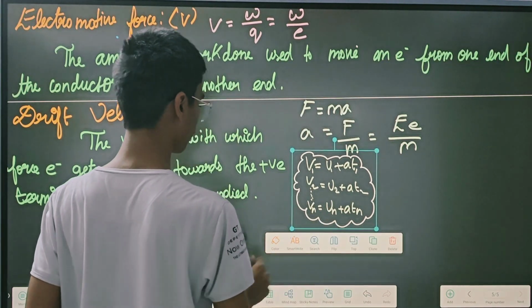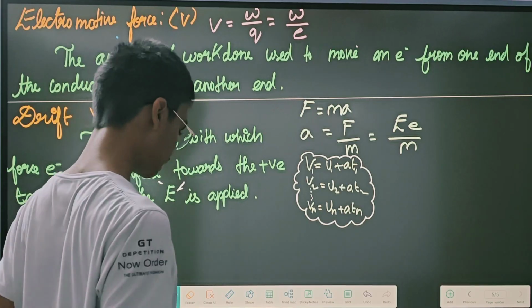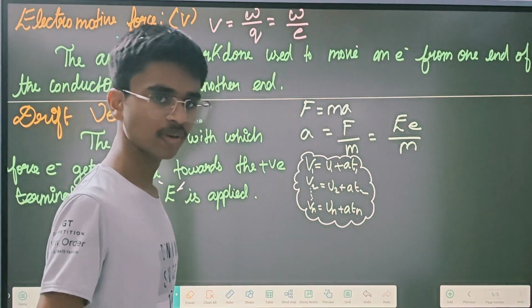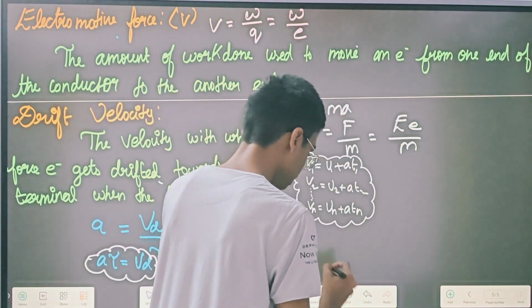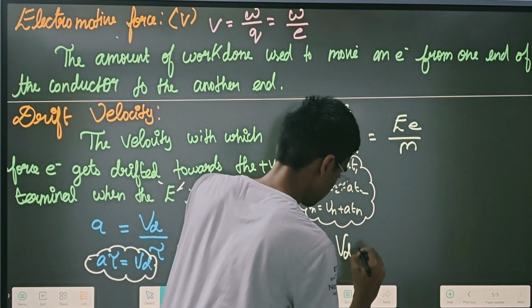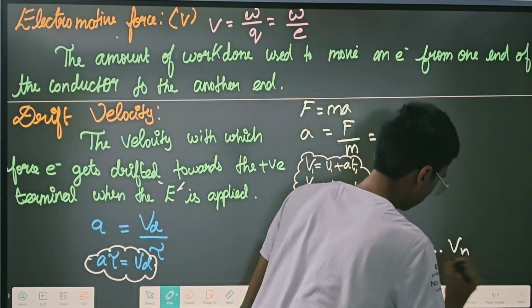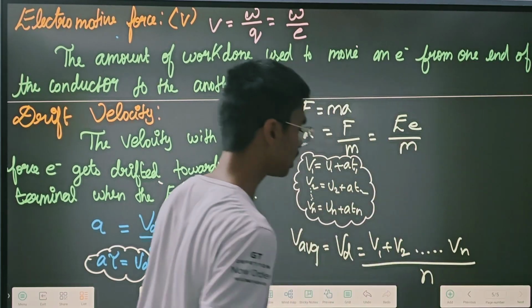Okay, so this one we have got. Now what we have to do is completely add them and then divide them. So V average, which is equal to drift velocity, is equal to V1 plus V2 and so on till Vn, whole divided by n, in order to find the average.